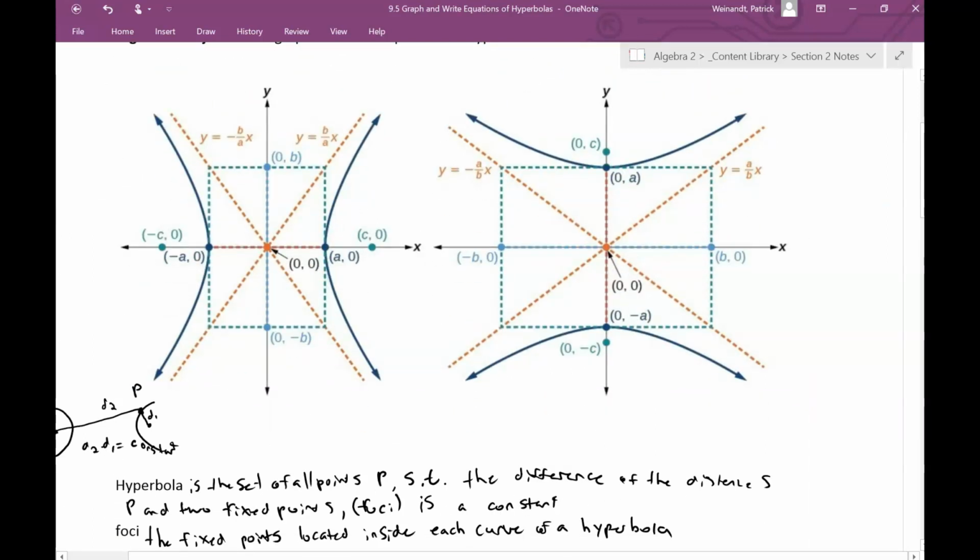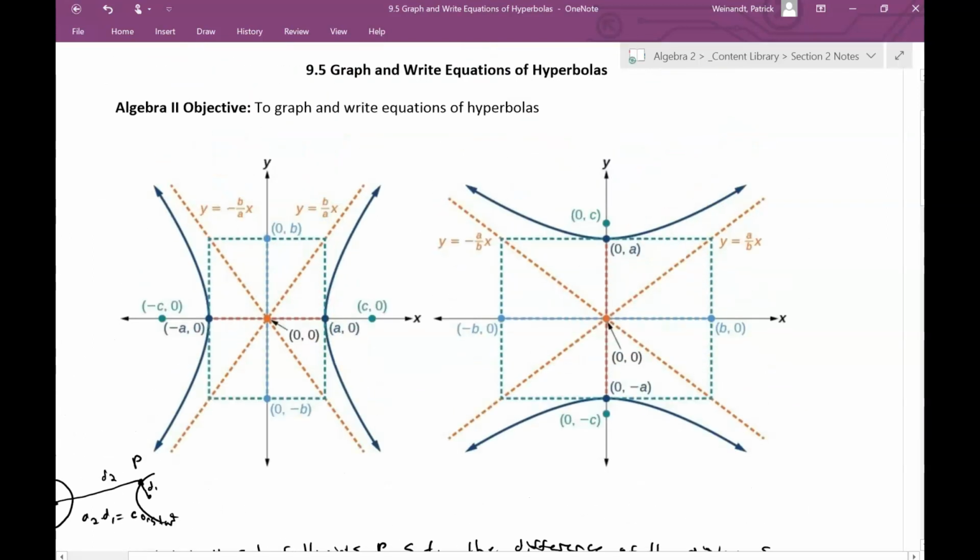So up here, we would say that this one, its transverse axis, I should be specific, so that is going to come into play here, its transverse axis is horizontal. I kind of misspoke, and I'm going to go back and re-clarify this.